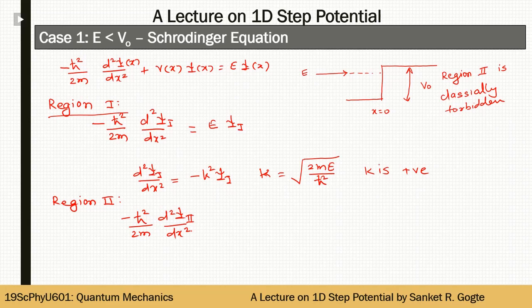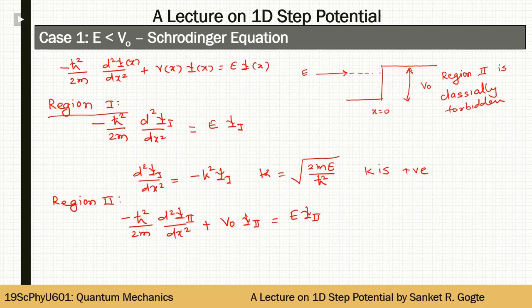It is given that psi 2 is a function of x, and the second term is now not 0, unlike the equation for the first region. It is now V0 into psi 2 is equal to E into psi 2.